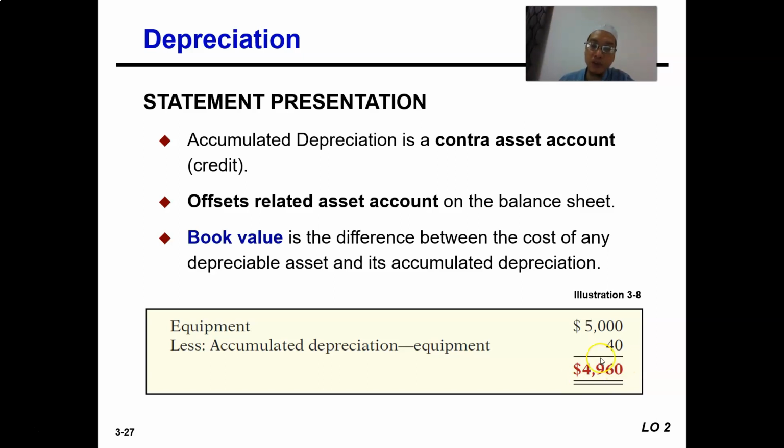So the expected benefit is 4,960. This is called the book value. The book value is the difference between the cost of any depreciable asset and its accumulated depreciation. So the book value for equipment is 4,960 because the cost is 5,000, but 1 month has passed since its purchase. Therefore, the remaining value will be 4,960.